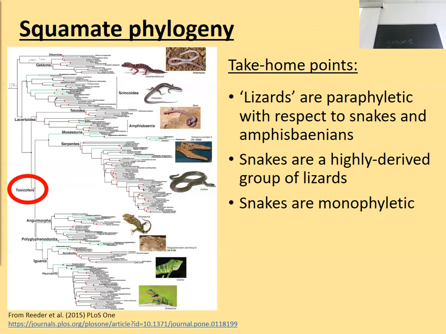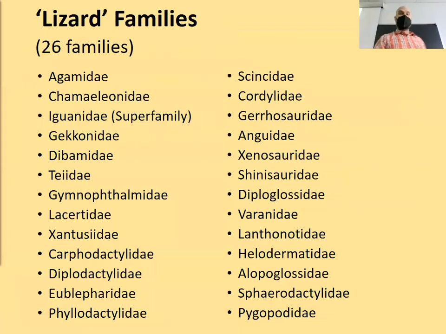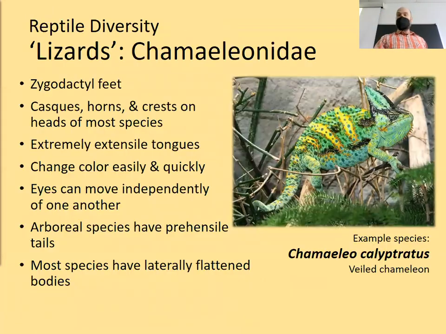So for example, all of these guys have paired copulatory organs. So probably their most recent common ancestor had paired copulatory organs as well. Chameleons have a lot of derived characteristics we don't find in other clades, right? And so with all the things we talked about here, that suggests that these are derived in this lineage, but not in other lineages.